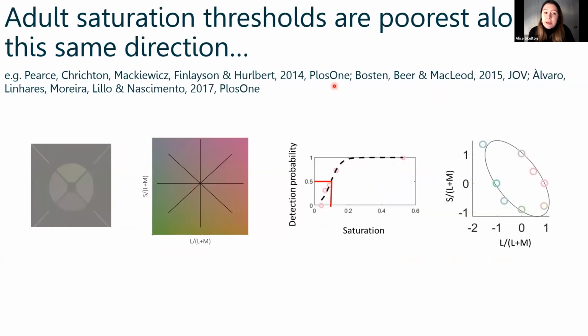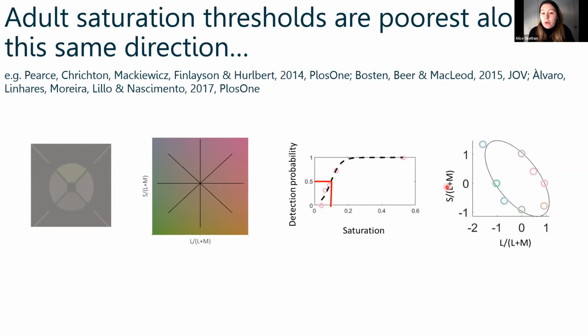And it appears that adult saturation thresholds align with this commonality that you find in natural scenes. So if, for example, you asked a participant to do a target detection task where they have to spot a chromatic target in amongst a field of grey distractors, where this chromatic target varies in saturation along each of these 8 spokes, what you'll find is that participants need blues and yellow hue to be more intensely coloured, so more saturated, in order to reliably detect it.